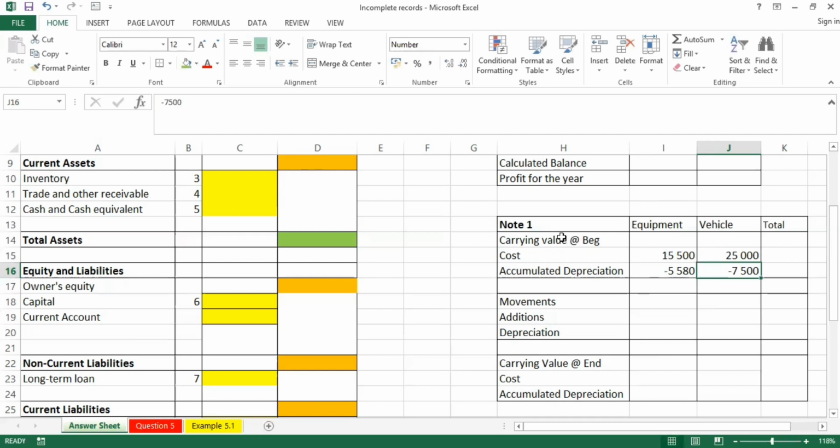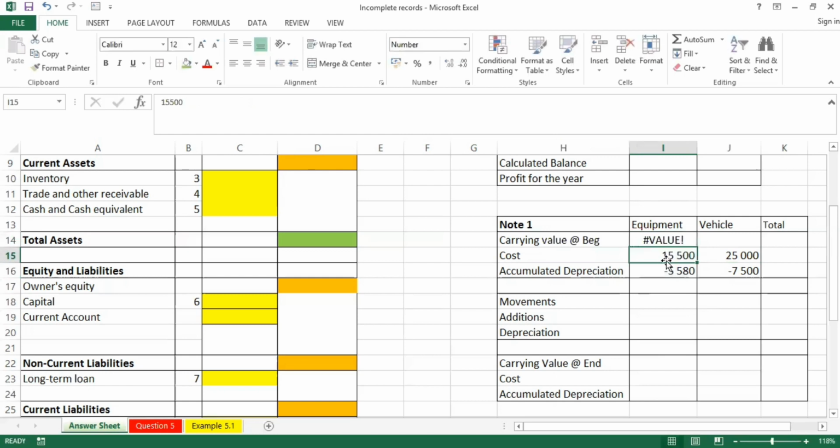In order to get our carrying value at the beginning, we have to say cost minus accumulated depreciation. So we're going to do that quickly. Equal to this minus this.